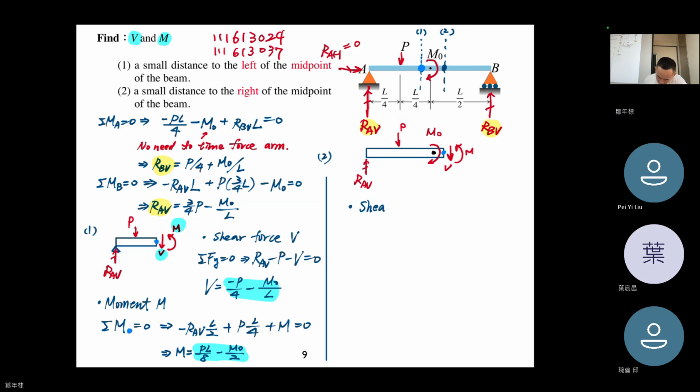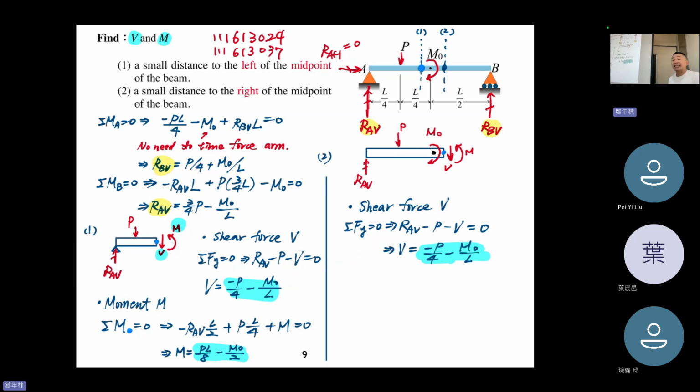Shear force V. Sigma Fy equal to 0: RA minus RAV minus P minus V equals 0, and V equals minus P over 4 minus M naught divided by L. Oh, you see that these two values are exactly the same.